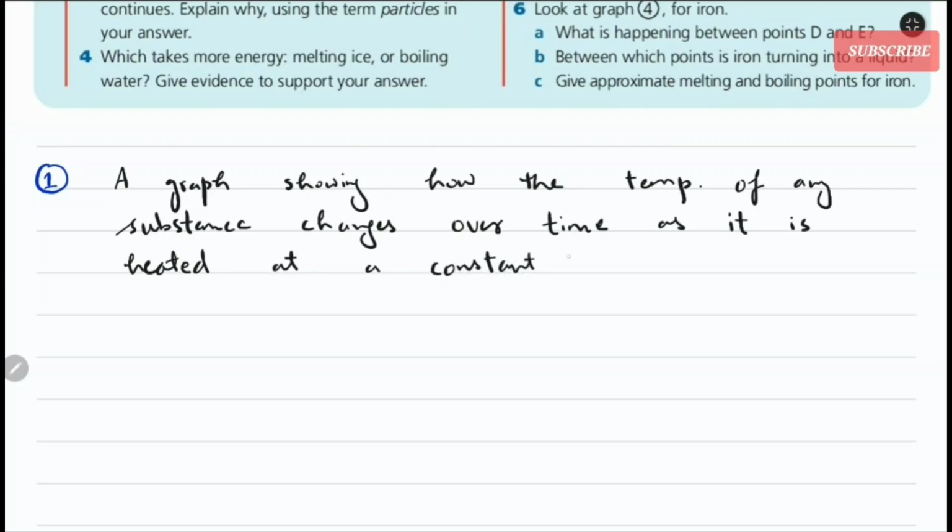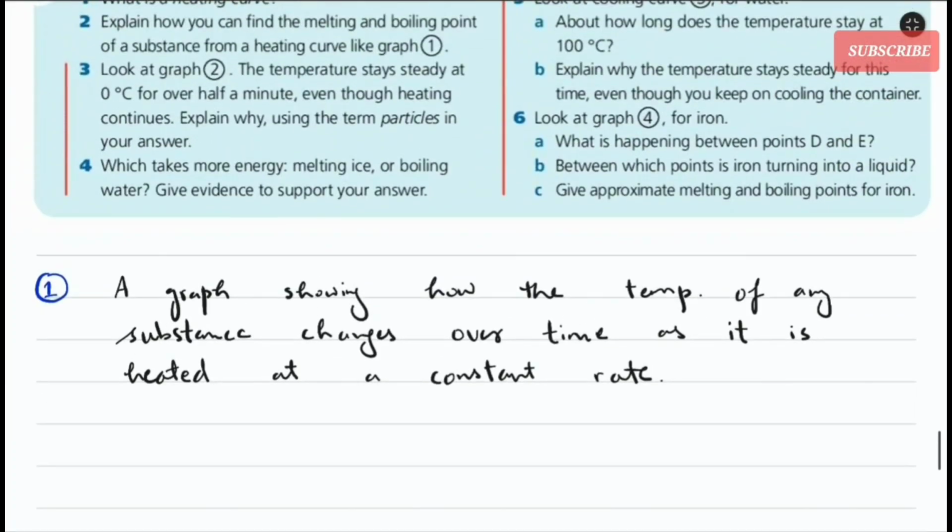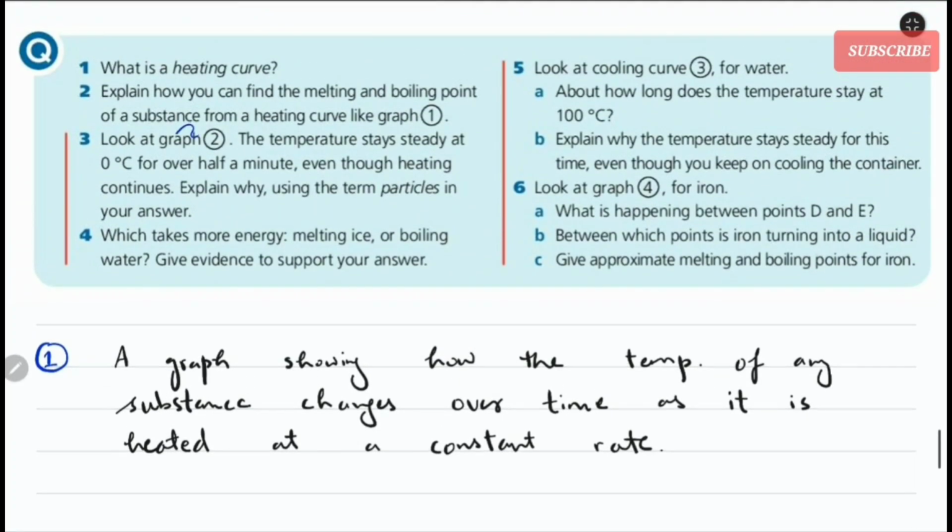Whenever you see the word rate, it is probably related to some kind of change with respect to time. Okay, so that's it. Let's go to question number 2.